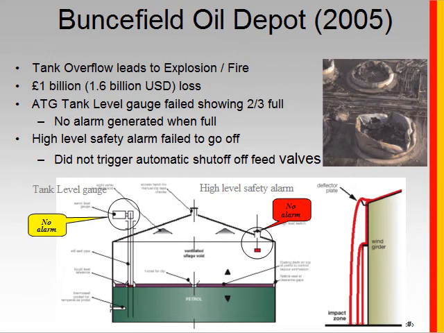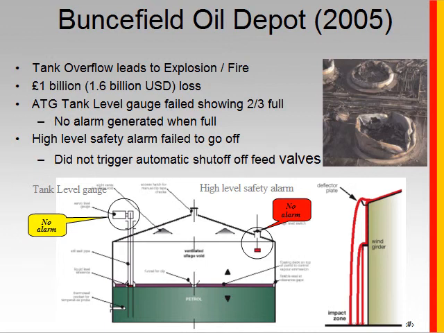No worries though, because we had a second layer of defense, or a second layer of protection, in a high-level safety alarm, which again, once the tank reached its ultimate high level, was supposed to trigger, enunciate to the operator, and more importantly, trip the valve that controlled the incoming flow of gas.